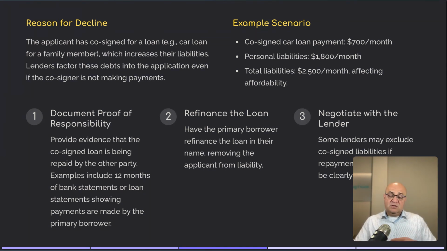And of course, in this second point, you can go back and help the person who has that liability see if they can now qualify on their own for that mortgage, or you can switch the cosigner to another family member. Let's say the brother is applying, and the other brother is the owner of the car. He is helping as a cosigner, but now the brother needs to get his own mortgage.